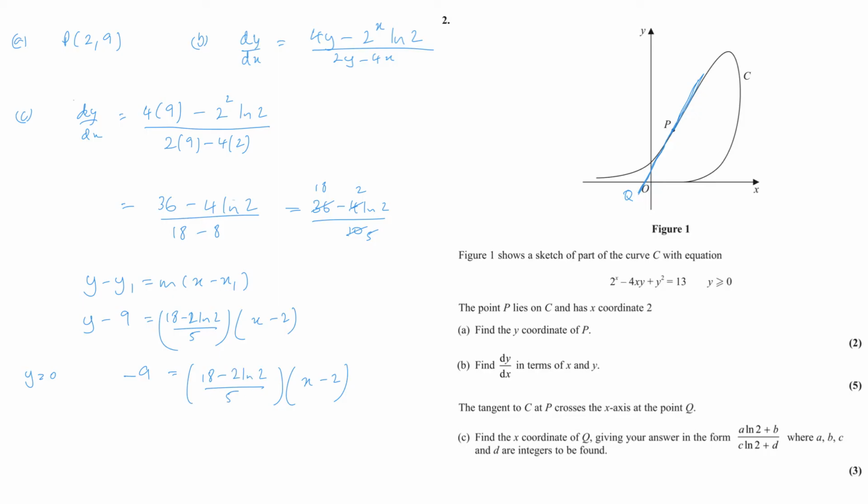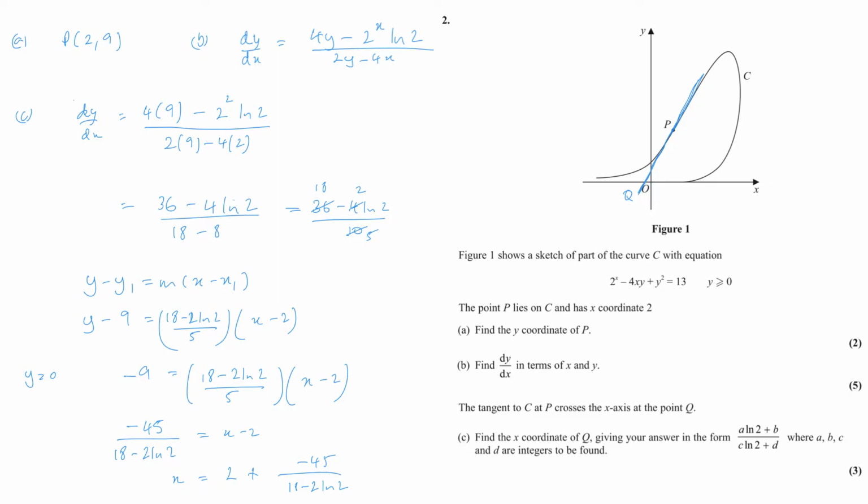Now dividing by this will give me minus 45 over (18 minus 2 ln 2) equals x minus 2, and taking the 2 across gives me a positive 2, plus minus 45 over (18 minus 2 ln 2).